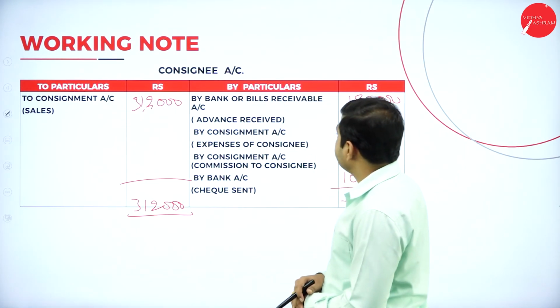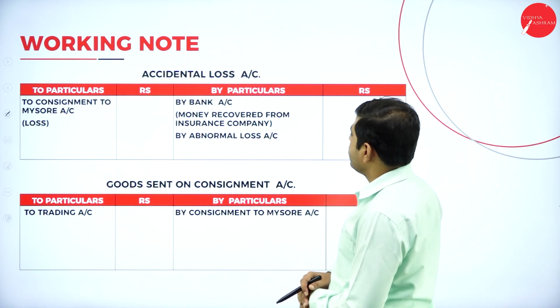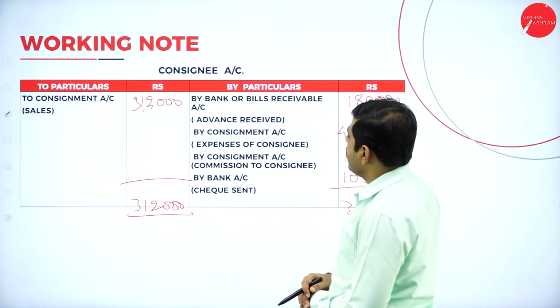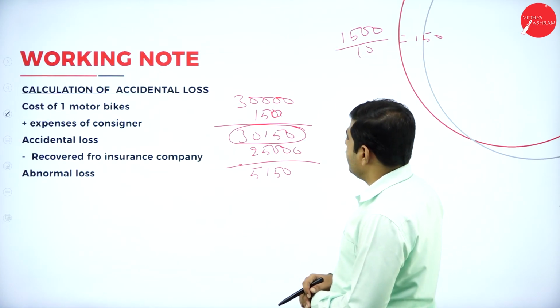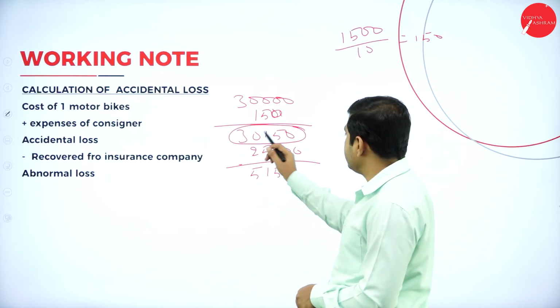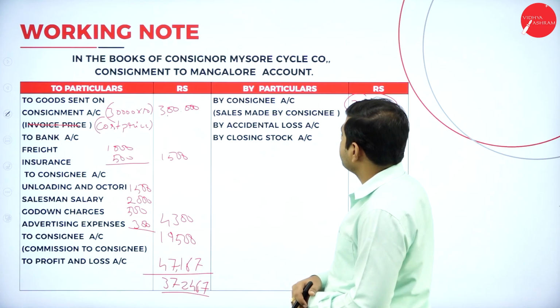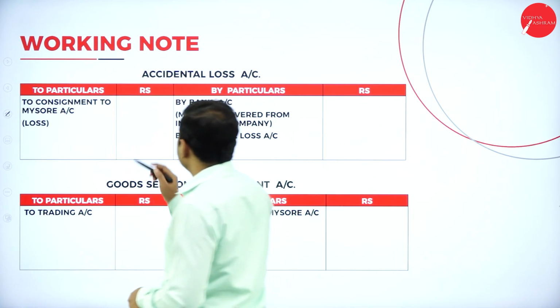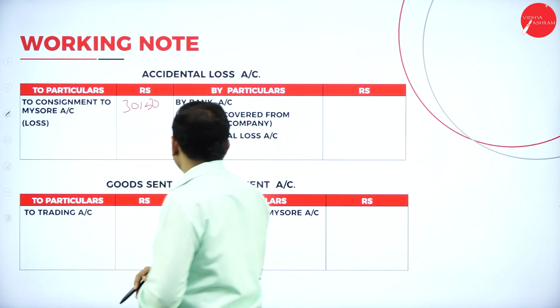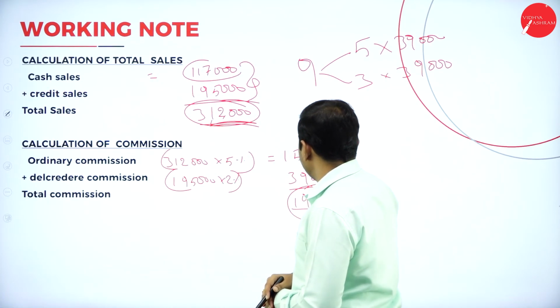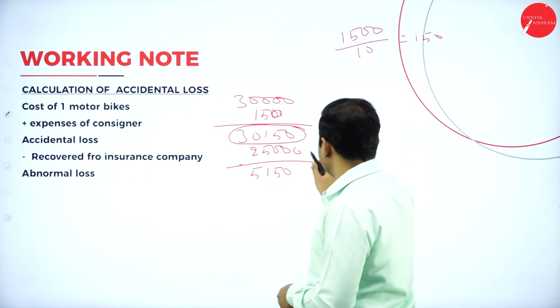Now next point, accidental loss account. What is the total accidental loss here? We have calculated it. Our accidental loss is 30,150. Out of 30,150, how much is the insurance company giving?